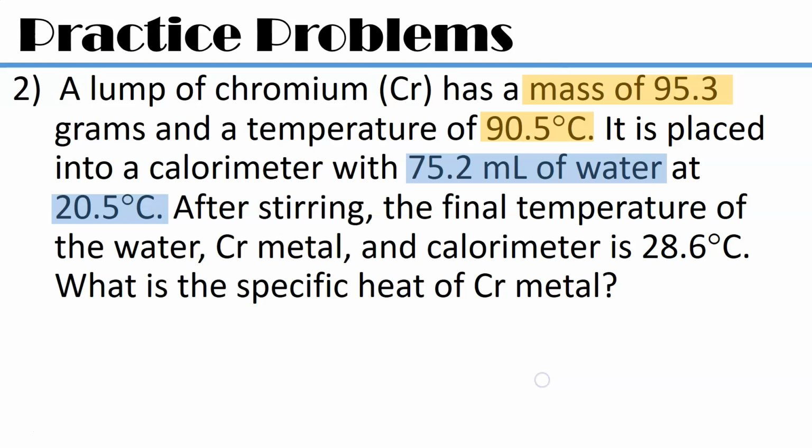Our temperature is 20.5 for that water when we start. After we stir it, we let everything equilibrate. Everything is coming up to the same temperature as each other. The final temp of everything together is 28.6. And we're looking for the specific heat of the metal.